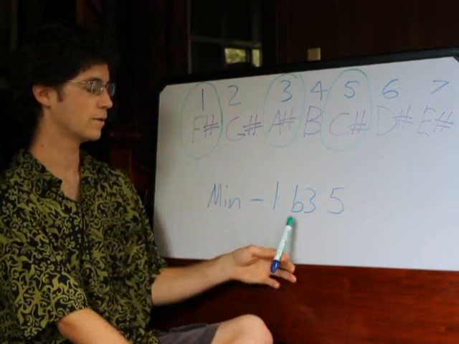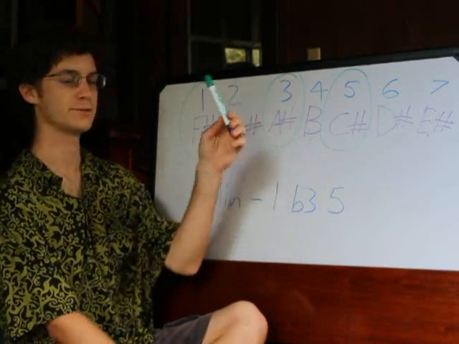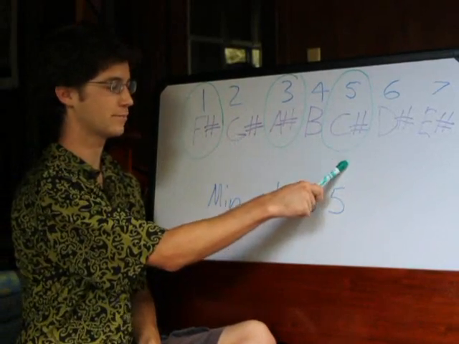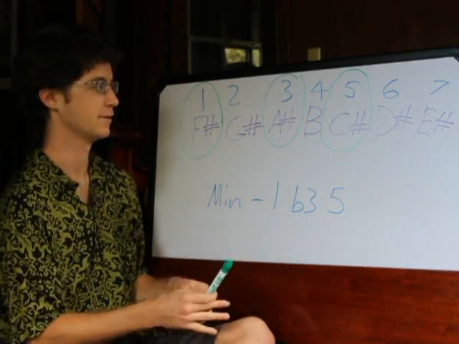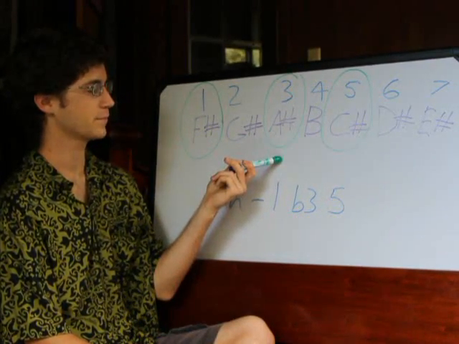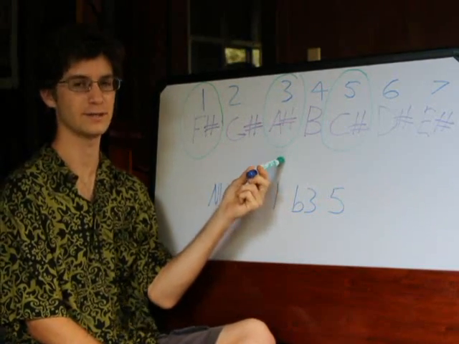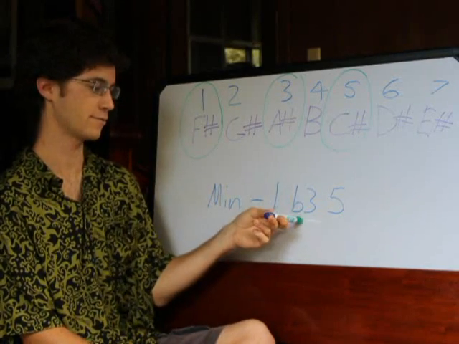We still need the 1, the 3, and the 5, but we're just altering the 3. So let's use F sharp just because it's written down, why not? So we have F sharp, A sharp, and C sharp. But the directions in the formula tell us to flat the 3. So this 3 right here, it goes from A sharp, we bring it down to an A to make it minor.